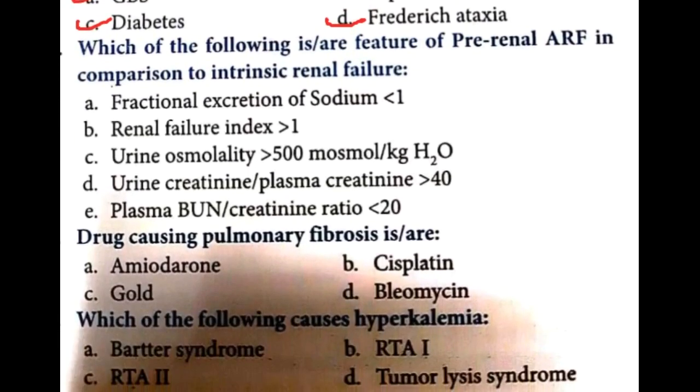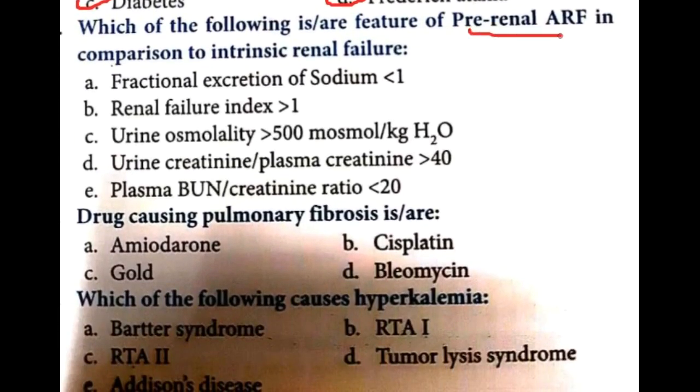Which of the following are the features of pre-renal acute renal failure compared to intrinsic renal failure? You will see fractional excretion of sodium less than 1, urine osmolarity more than 500 milliosmoles per kg, urine creatinine to plasma creatinine more than 40.